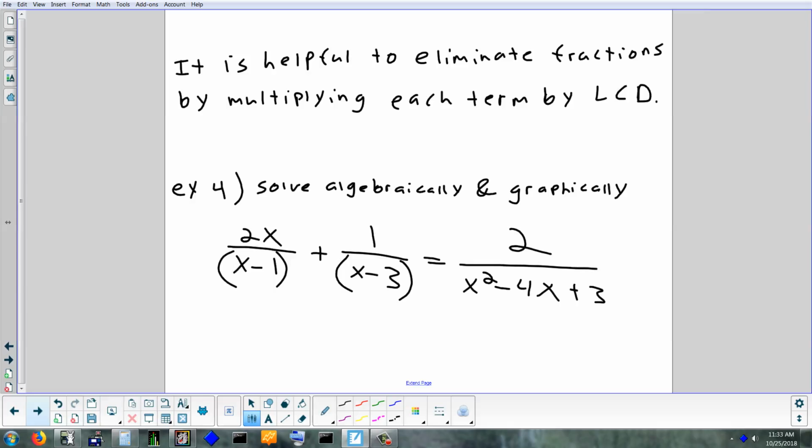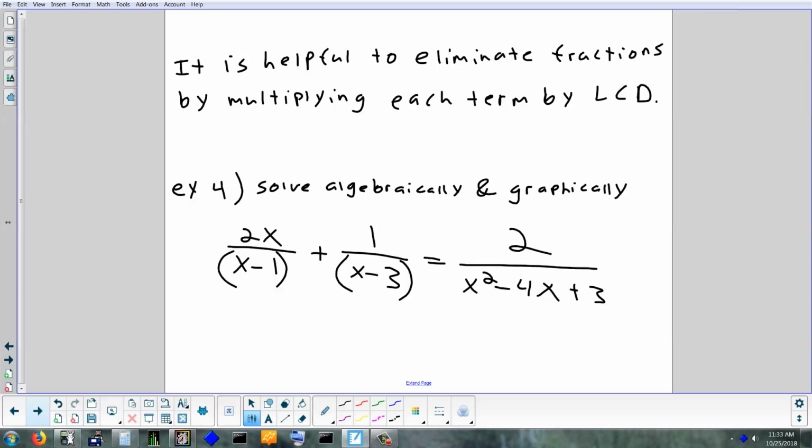You get the other denominator. There's no reason that always has to happen. I could change one of these numbers and make it so it doesn't happen. But if I do that, it's going to make it a lot harder for you to solve it. So anytime we have a problem like this, these two denominators will always multiply together to give you the one on the other side. That makes it a little easier to get the LCD.